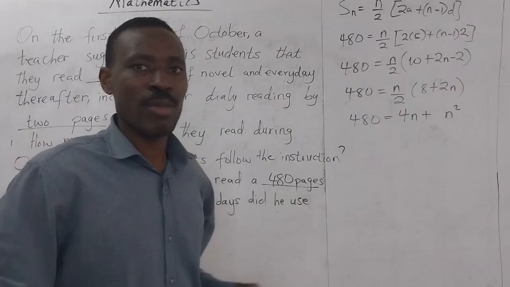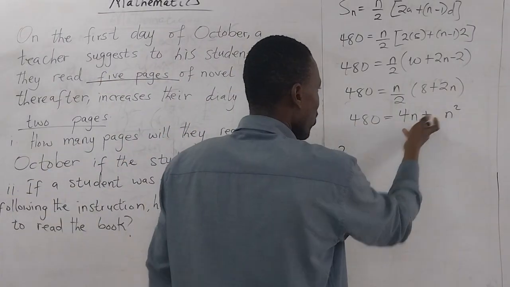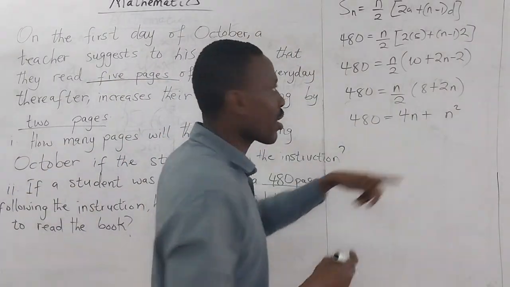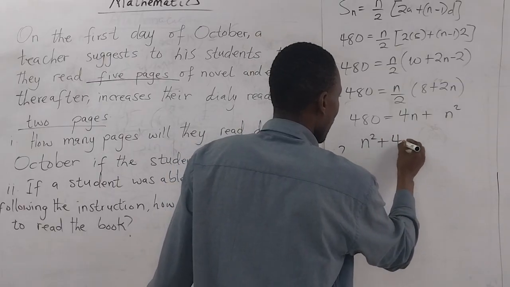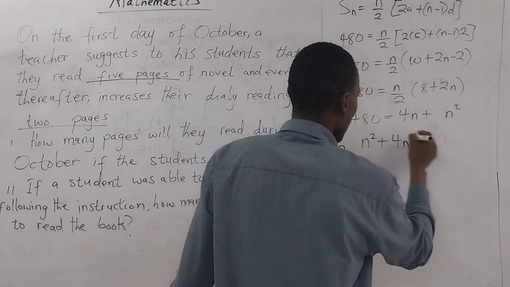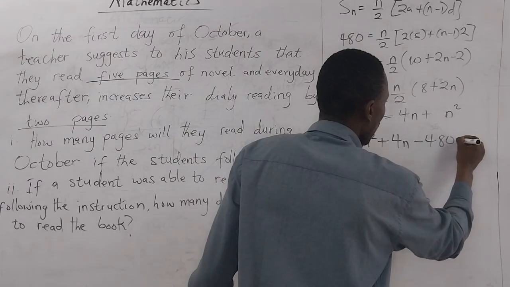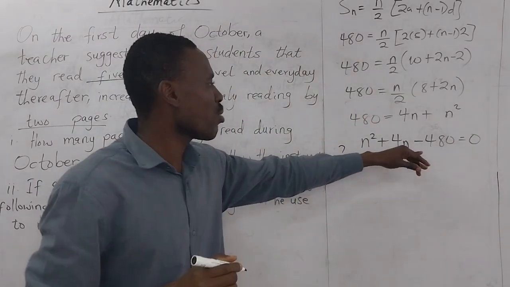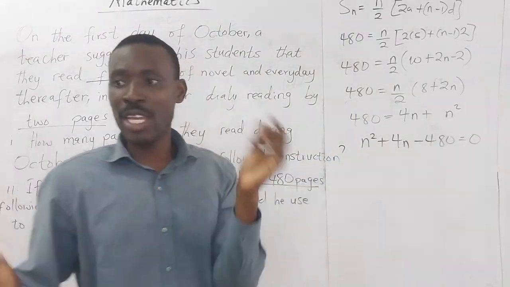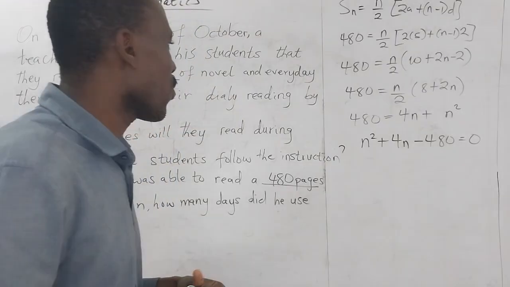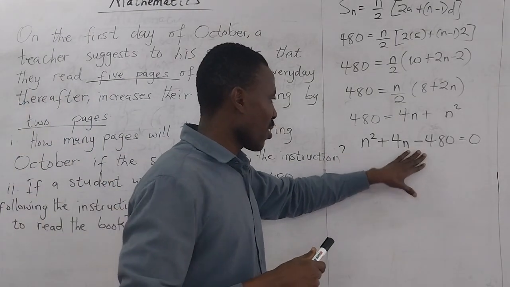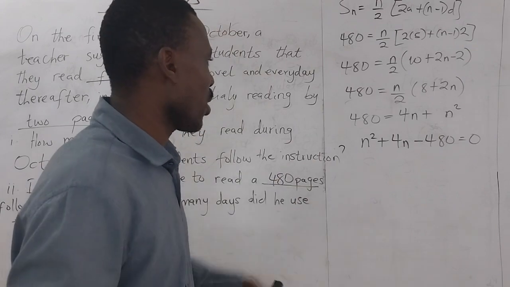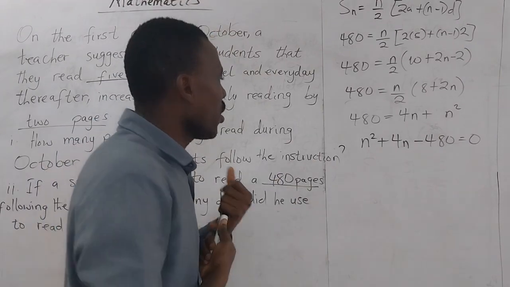Now let's take all the terms to one side. So you can see it has turned into a quadratic equation. Okay, so it becomes n squared plus 4n minus 480 equals 0. Now when you get to this stage, you can apply any of the methods of solving quadratic equations. But I will go for the factorization method to get 2 linear factors.